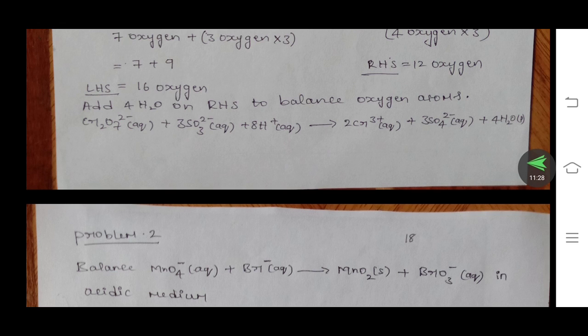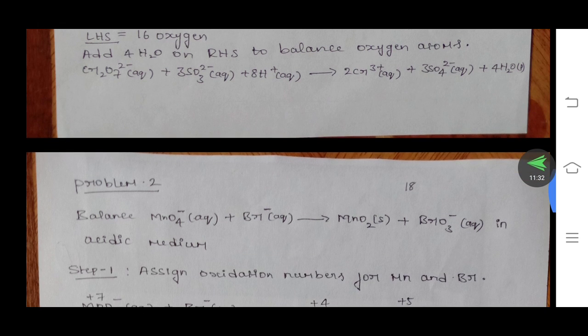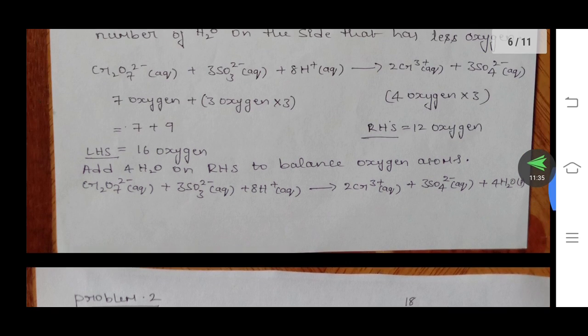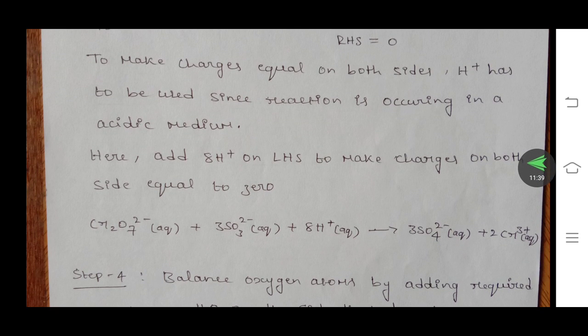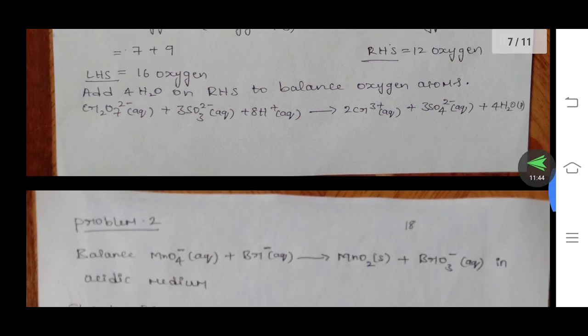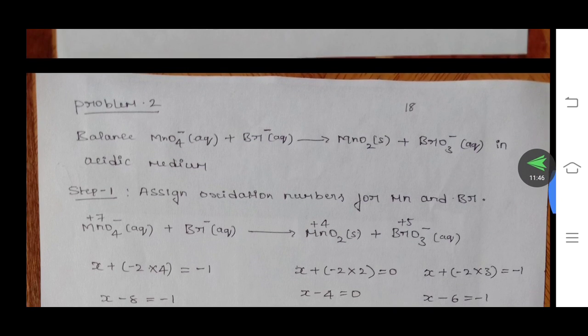So now the complete equation is balanced. Okay, so like this I have to balance. For this balancing equation they'll ask a 3-mark question. Okay, so how many marks? 3 marks. Okay, you have to follow steps properly. If you follow steps properly, it is easy to balance, otherwise it's difficult.